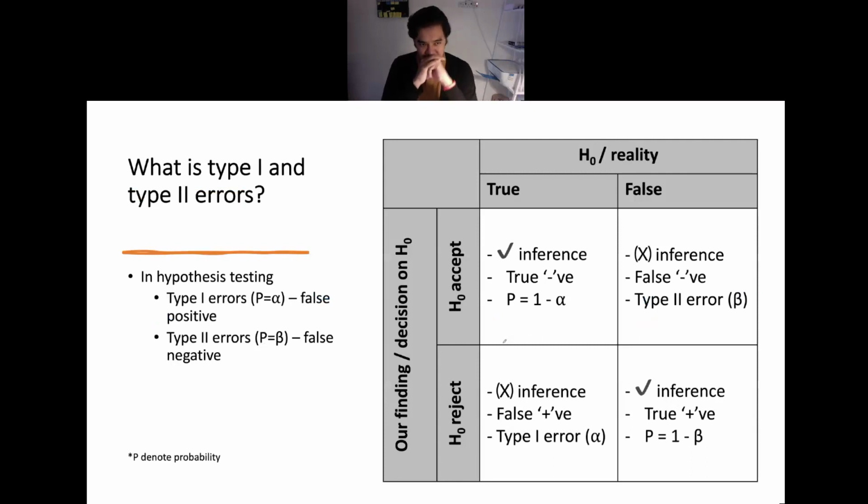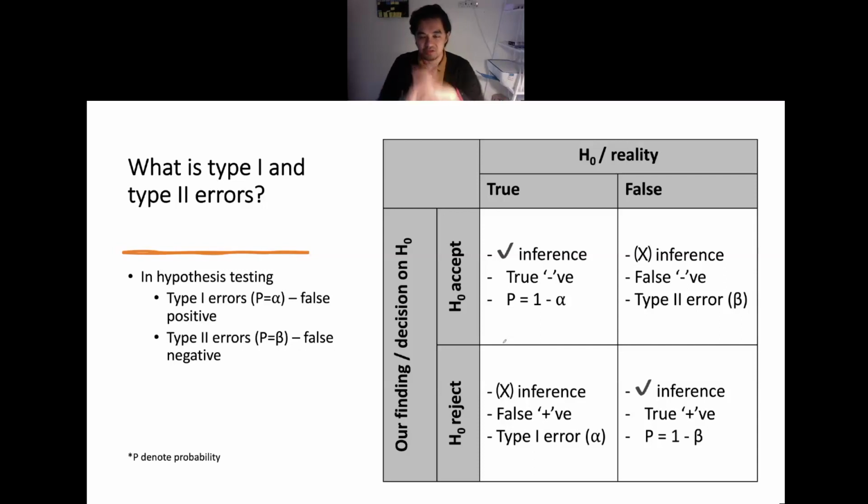So what are type 1 and type 2 errors? In hypothesis testing, type 1 error is considered alpha, and another name is false positive. Type 2 error is usually called beta, also known as a false negative.